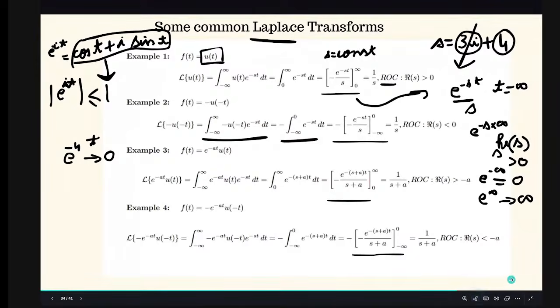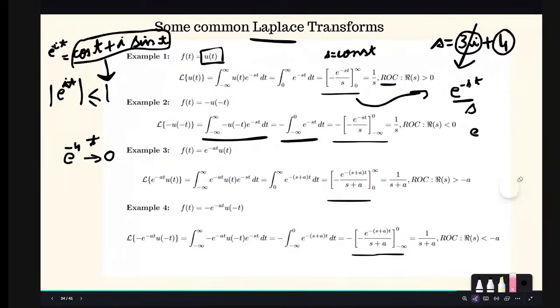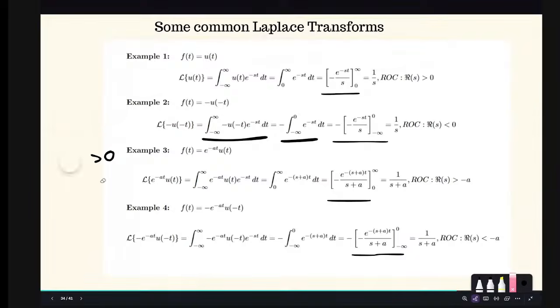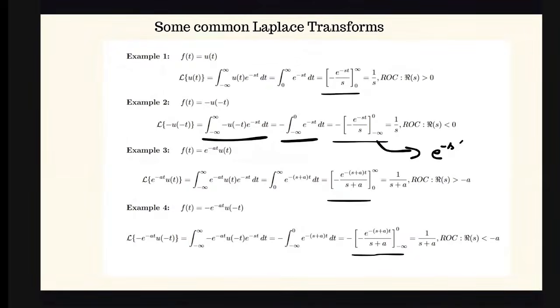Now again, in a similar manner of simplification, over here we need e power minus st, with t going to minus infinity, to tend to 0. So what does that mean? The real part of s should be less than 0 in this case.